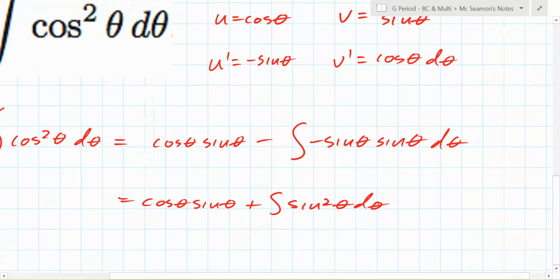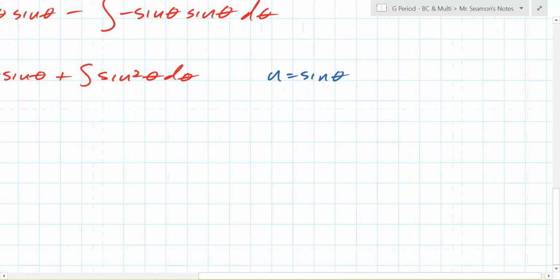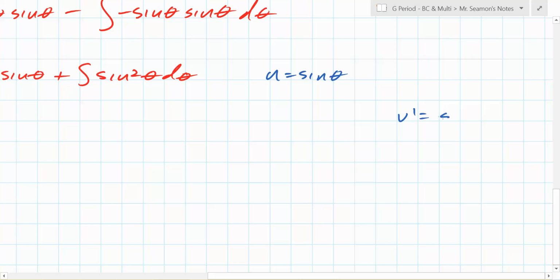Did anybody try integration by parts on this right here? What did you try, Brenna? So you said u was sine theta. Nice. So you like this, and then you did what? V prime is sine theta d theta. So what does that mean v is? Negative cosine theta. And u prime is going to be cosine theta.